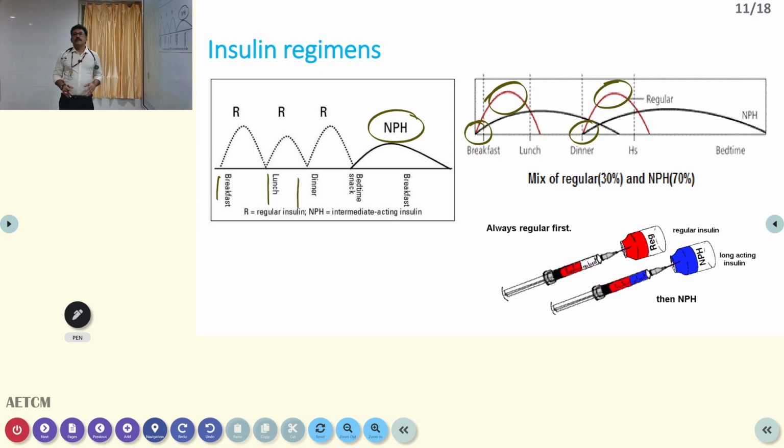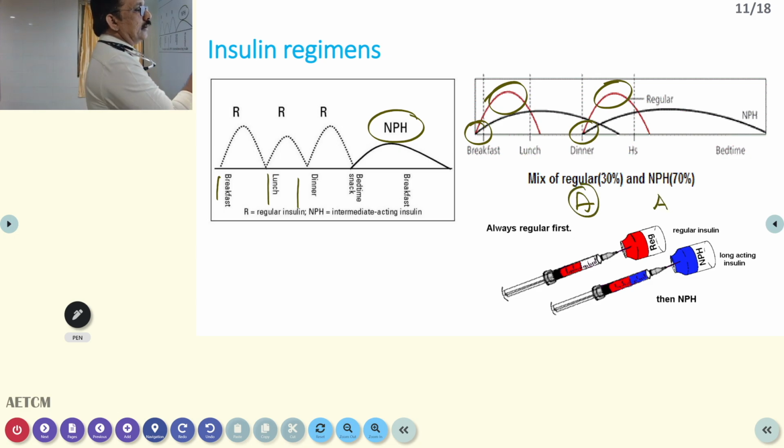So whatever it is, we can give different ones. Insulin availability is either short acting insulin separately, long acting insulin separately, or mixed dosages, like a mix of regular 30% or 25% and NPH 70% or 75%. Again, analog insulins are available like this, so short acting analog with long acting analog mixes are also available.